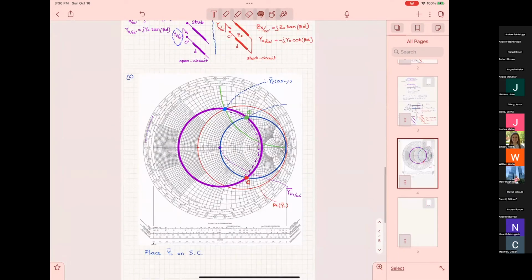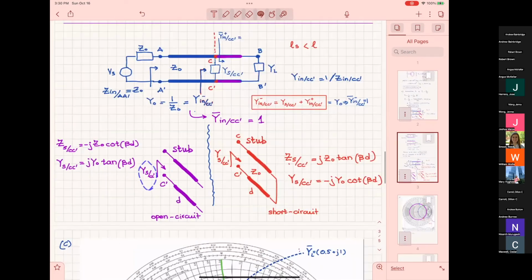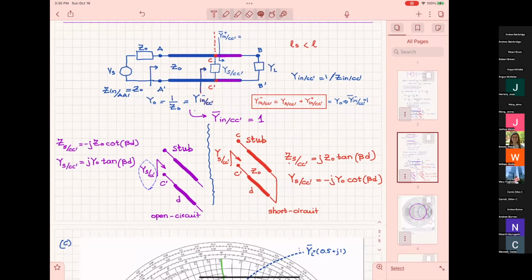Is it because L sub S has nothing to do with the stub itself? So what about L sub S? What is it changing?